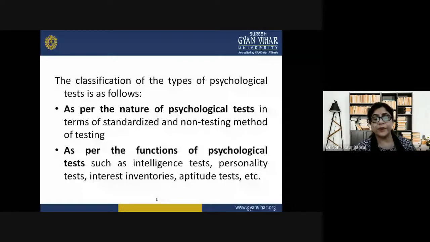The second type of psychological test is divided as per the functions of the psychological test. In what field, in what way, in what scenario the test works, such as intelligence tests, personality tests, test inventories, aptitude tests, etc. These are some tests that are very important for collecting data from the researcher's point of view.